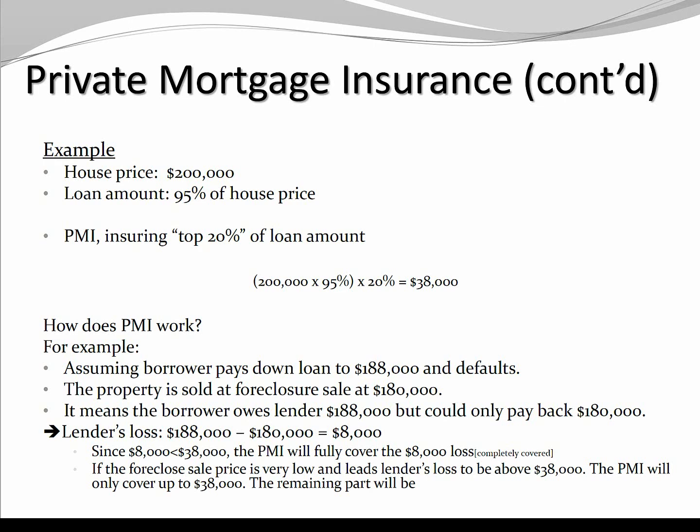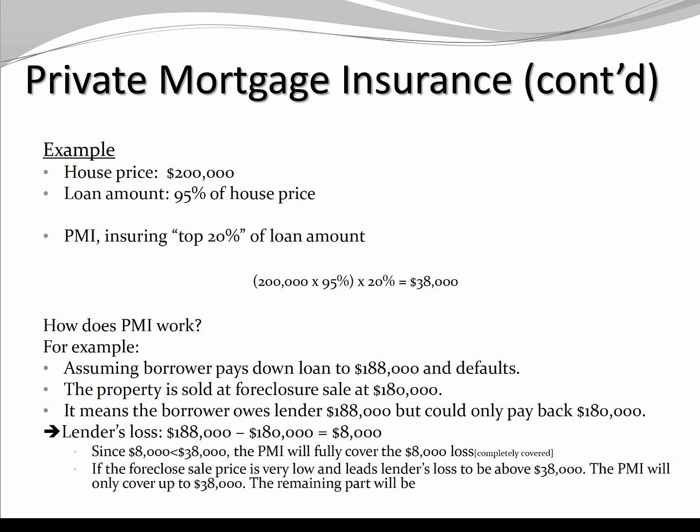The property is sold at a foreclosure sale at $180,000, which means the borrower owes $188,000 but could only pay back $180,000. So the lender's loss in this case will be $8,000. Because $8,000 is below the $38,000 coverage, the private mortgage insurance company will fully cover the $8,000 and give the lender $8,000.